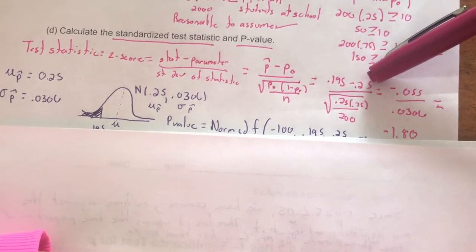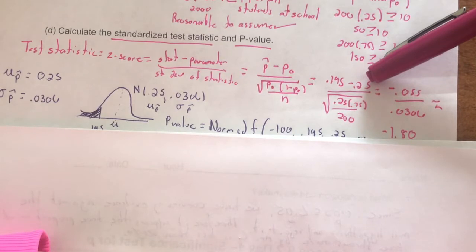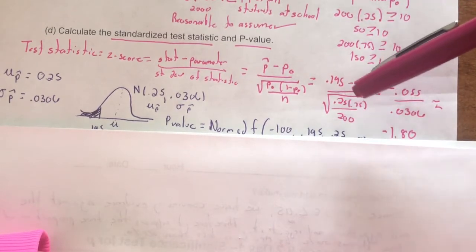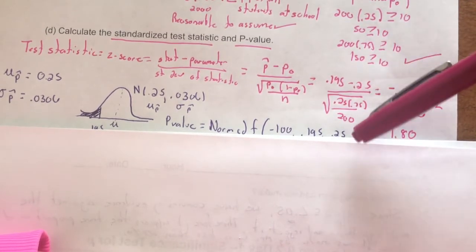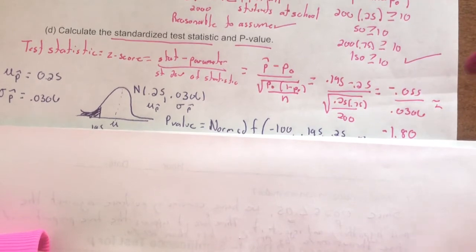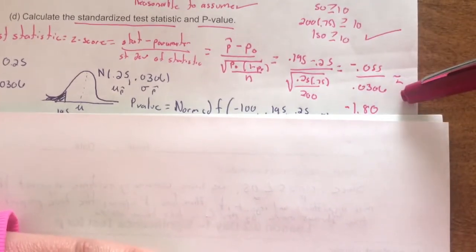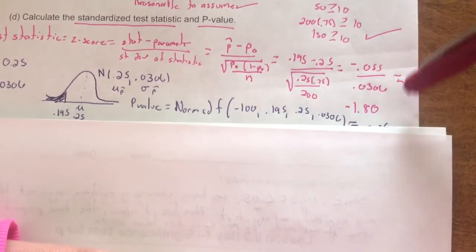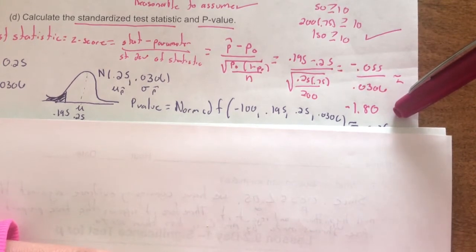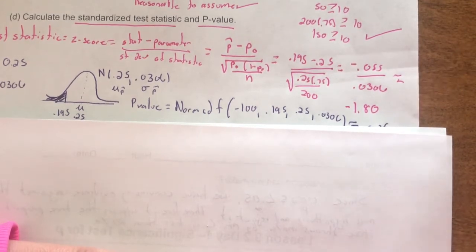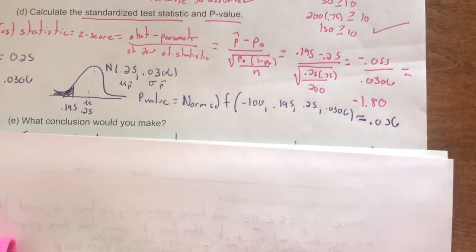Minus, we're expecting our null hypothesis to be true, minus 0.25 over the square root of 0.25 times 0.75 over 200. So these should be your values. And when you come out with that answer, it's negative 1.80. So our test statistic is negative 1.80, means it's going to be below the mean and almost 2 standard deviations, not quite.